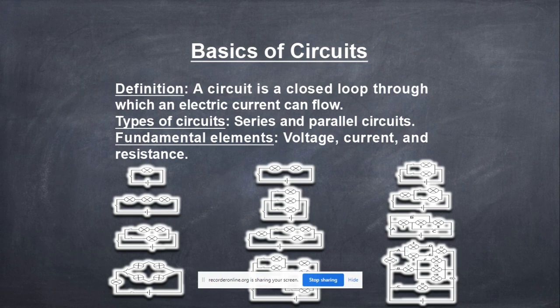Another one is types of circuits. There are two types of circuits: series and parallel circuits, and another one is fundamental elements: voltage, current, and resistance. As you see, this picture indicates the power source that is connected to the load, which is connected in series, and this is also the same as the first one.